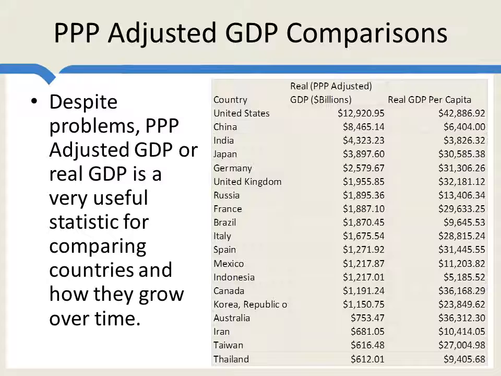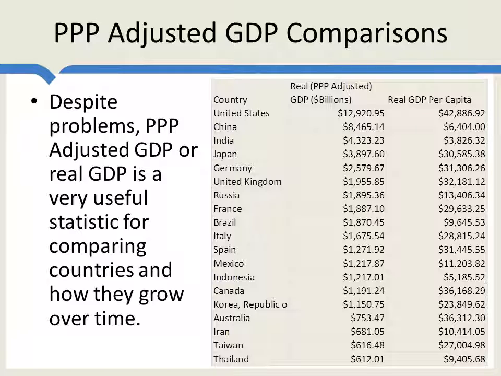So what's the bottom line? Well, the bottom line is, despite some problems, PPP adjusted GDP, or real GDP, is a very useful statistic for comparing countries. So we can look at the total GDP of the United States. This is in 2007, was $12.9 trillion. The real GDP per capita was 42.8.